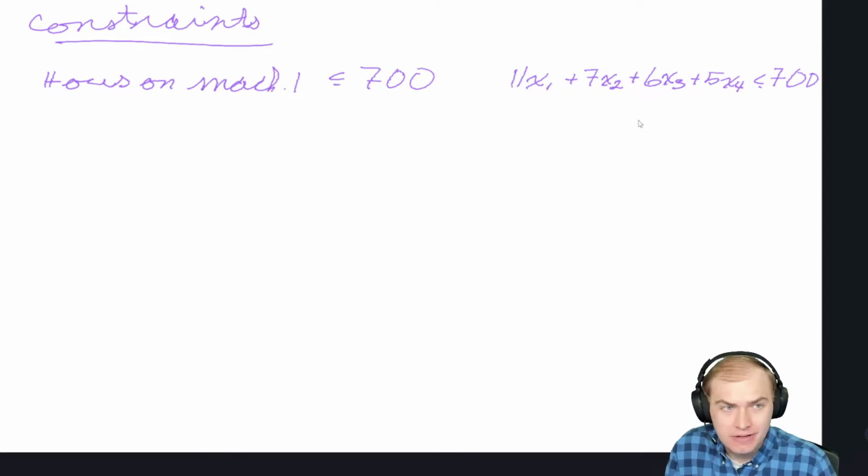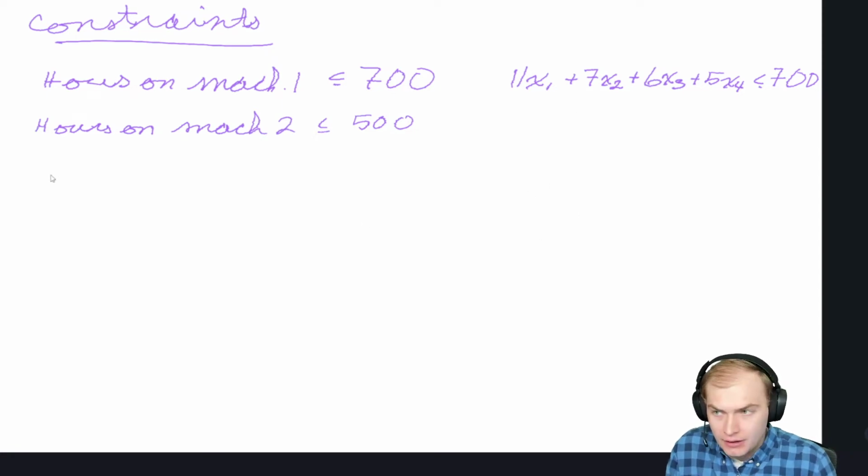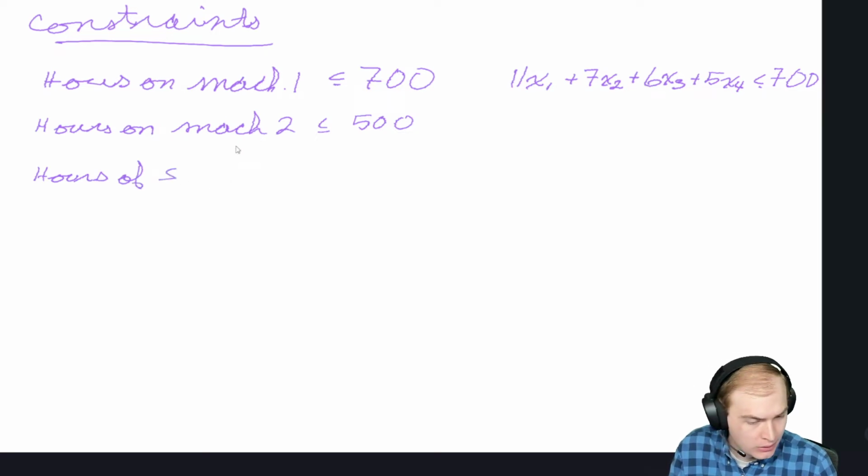Anyway, in a very similar vein, hours on machine 2 should be less than or equal to 500. And the hours of S, skilled labor, is less than or equal to 600.